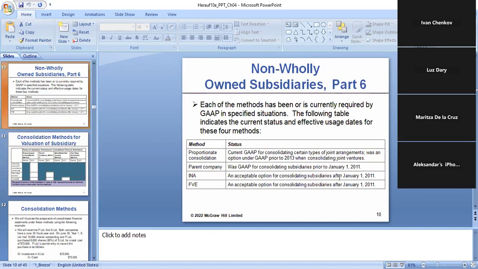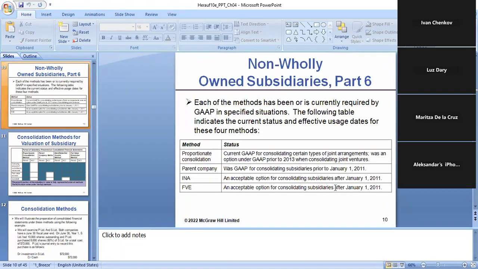So let's see what we're going to do. Each method has been or currently is required by generally accepted accounting principles. That means not all the methods are required. So let's see which one is required, which one is not.